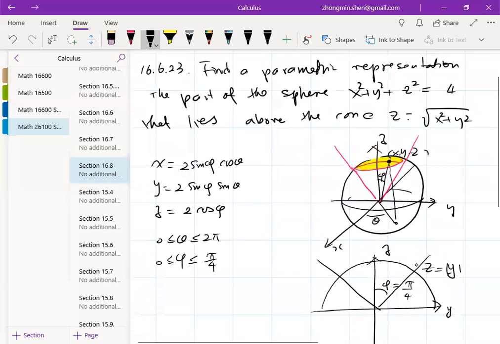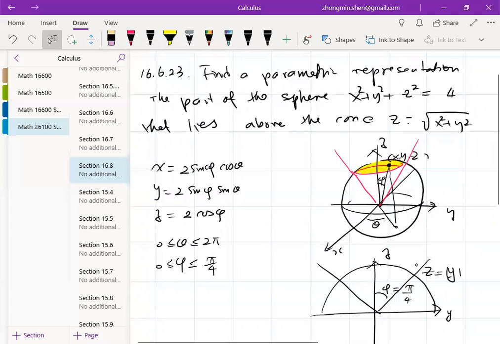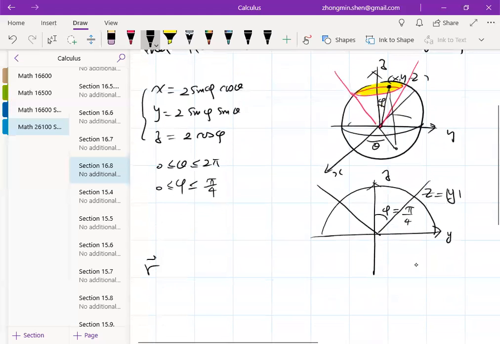So this is a parametric representation. If we want to put it in vector form, it will be r of phi and theta, and then you can put x, y, z there, where x, y, z are given by the above three equations. You don't need to repeat it there.